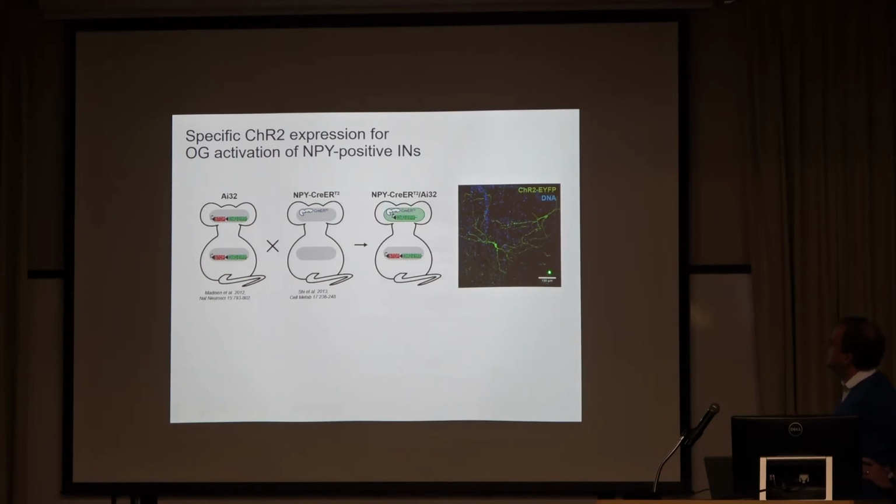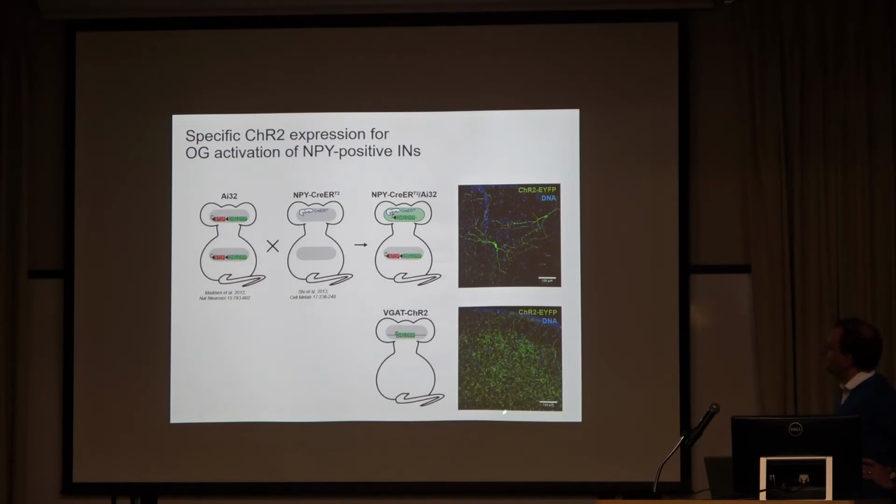And this is an immunostaining of a cortex slice of this mouse. And you see some of these neurons are now positive for channelrhodopsin. And I want to stress that this is a relatively sparse population of neurons, especially if you compare that to the mouse which expresses channelrhodopsin in all interneurons.